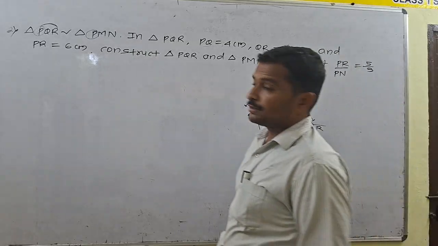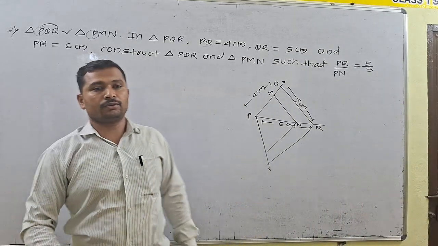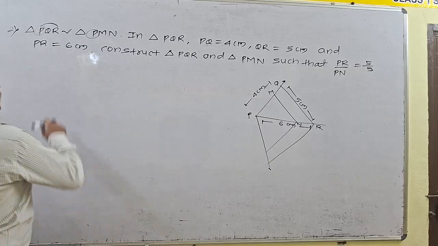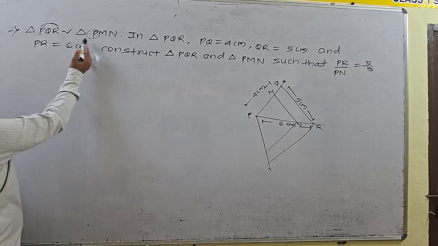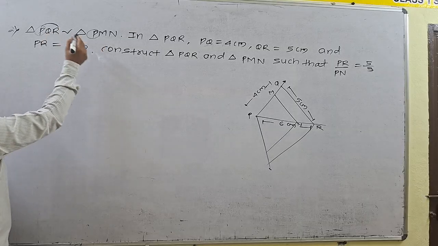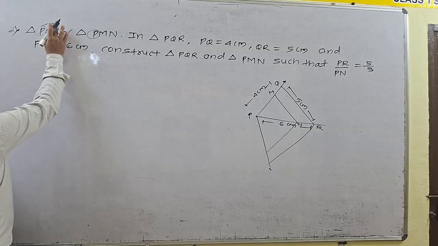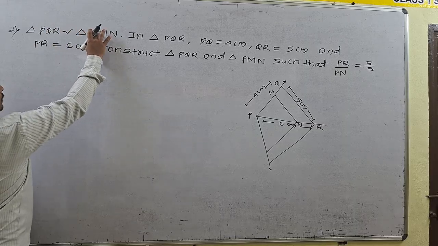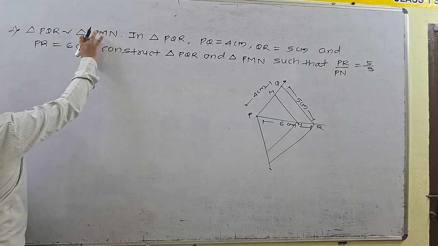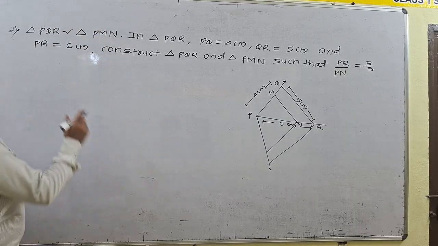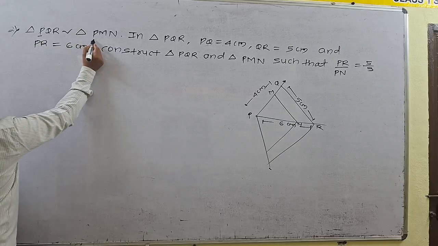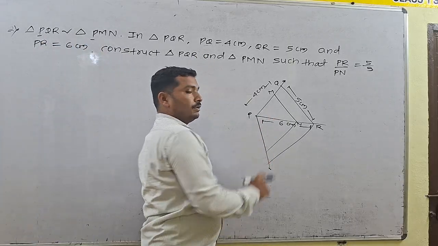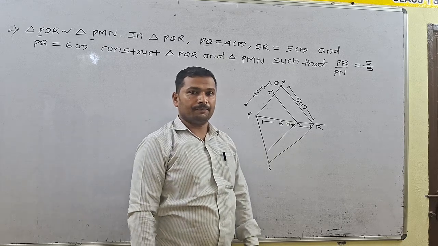Look at the boards. We are learning the second question here. The second question is: in triangle PQR, similar triangle PMN. We also know that P is in both triangles, so vertex P is common. Which vertex is common? P vertex is common in both triangles. So we directly draw a diagram.